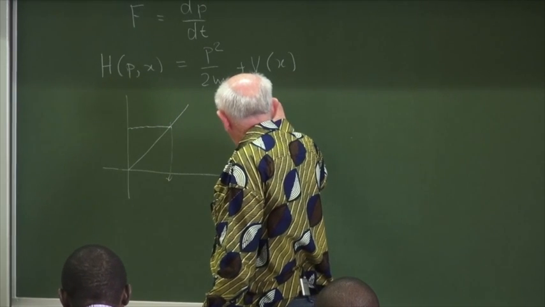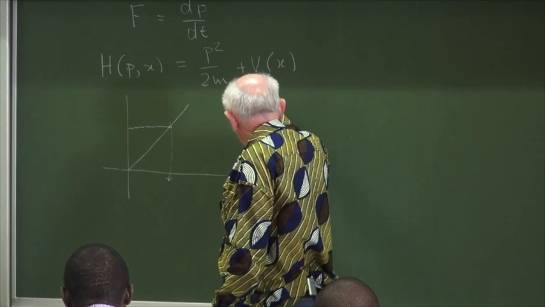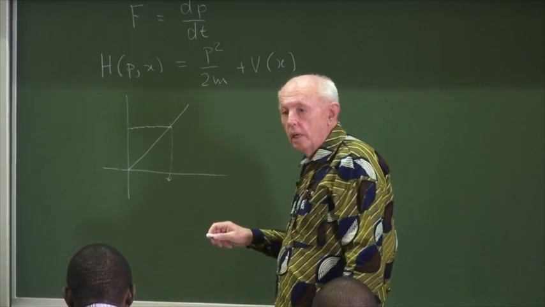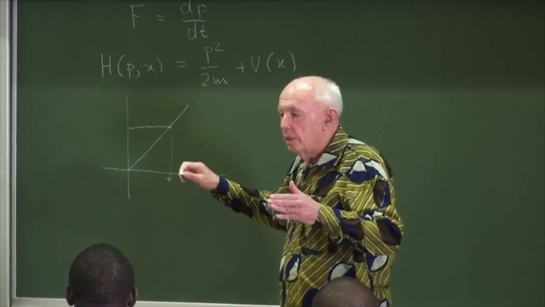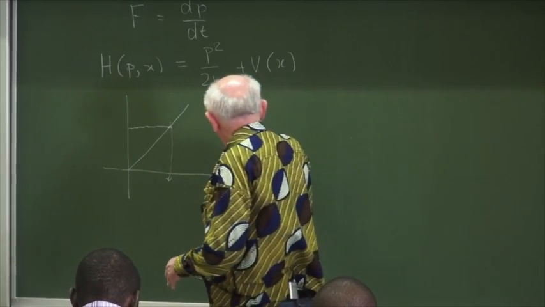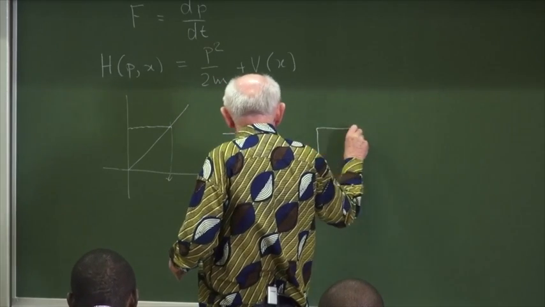The second one, which I only briefly mentioned, is the box, where we have a particle in a box in one dimension. It just goes from one wall of the box back to the other. So it looks like this. That is the potential.